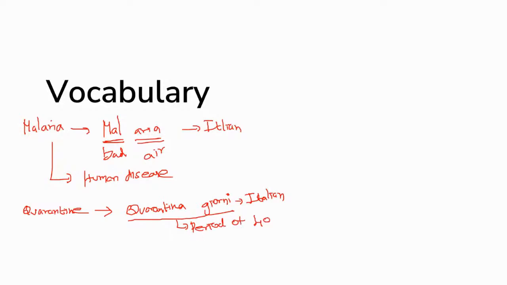So, what is this period of 40 days? Back in the 17th and 18th century, when ships came into the port from faraway places, they were kept away from land for a period of 40 days to ensure that no diseases were passed on. So in that case, it is said to be quarantina giorni.